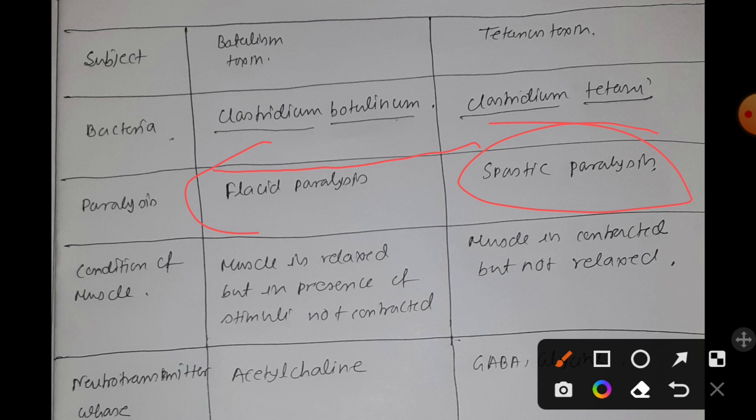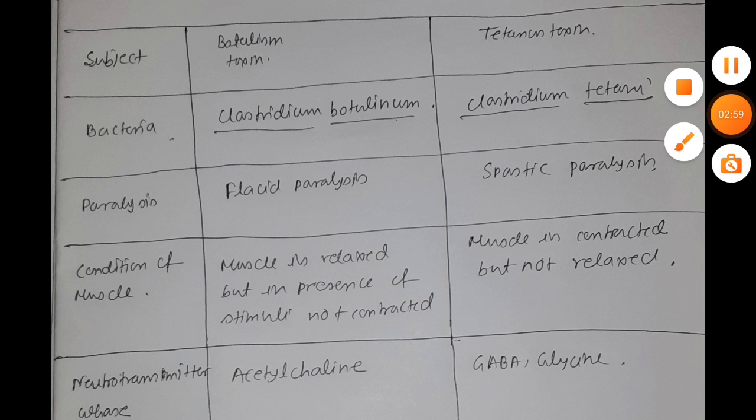This is known as spastic paralysis, and it is due to the inhibition of the release of GABA and glycine. Remember, in muscle contraction, acetylcholine helps in contraction, while GABA and glycine help in relaxation after contraction. So that is the concept.